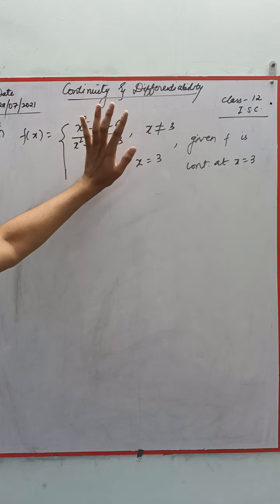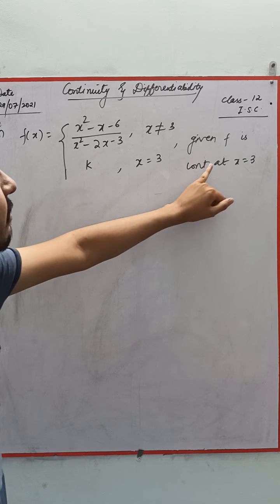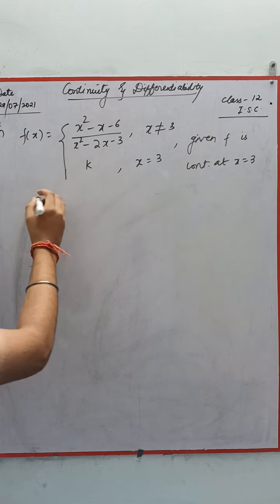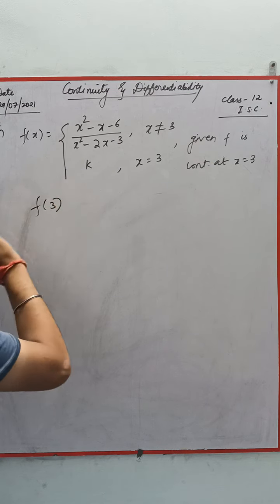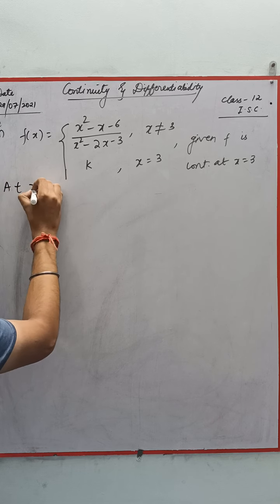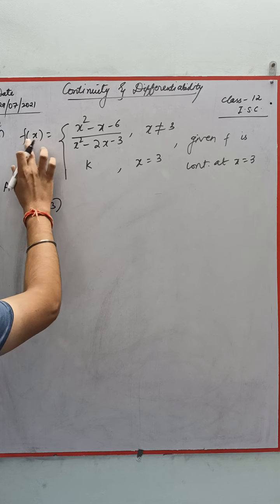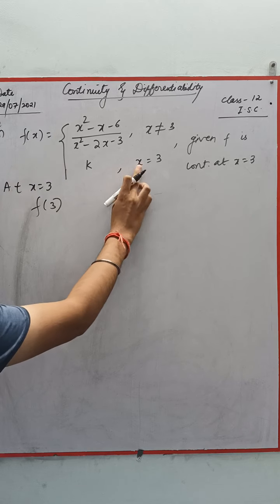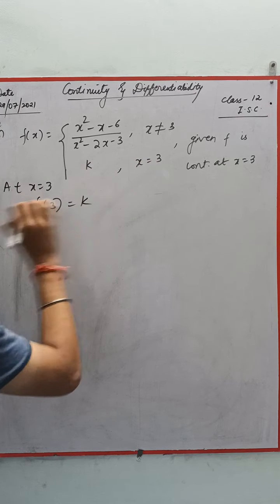So for this question again we are given that it is continuous, so can we say that f of 3, because at x is equal to 3 our f of x, that is f of 3, we are getting k.